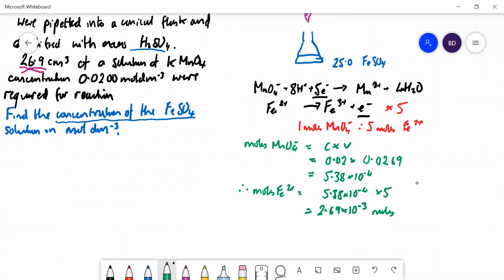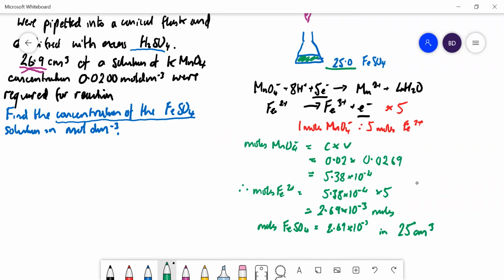So that means we've got how many moles of iron sulfate? The moles of iron sulfate is going to be the same. And that was in a volume of, well, here, look, we had 25 cm³.